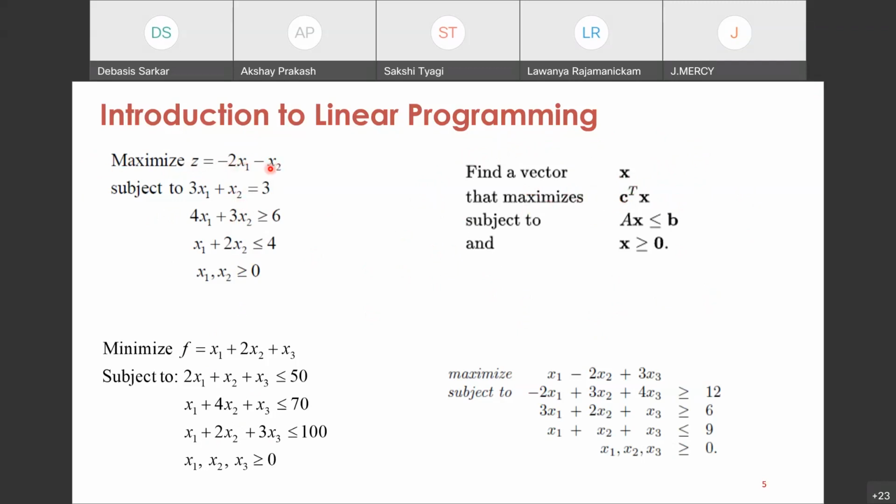So c will be here as -2, -1. Here it will be 1, 2, 1. This is a vector of 1, 2, 1. And x is a vector with elements x1 and x2. A is the coefficient matrix of these three constraints. b is the right hand side vector. And this corresponds to x1, x2, x3 greater than or equal to 0, the non-negativity restriction on x.